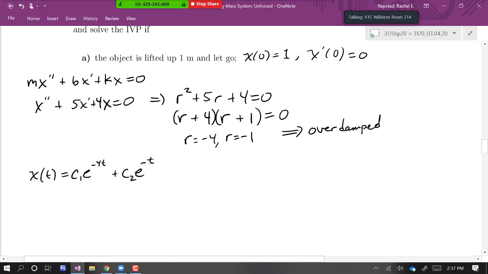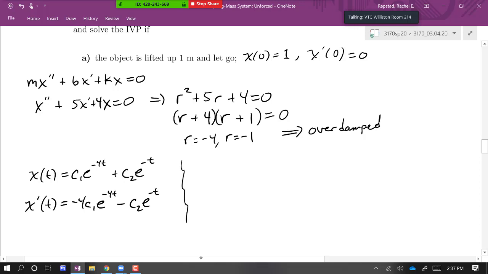And now we want to find out what those constants are. So we can find x prime of t and use our initial conditions. So we have -4 C1 e to the -4t minus C2 e to the -t.